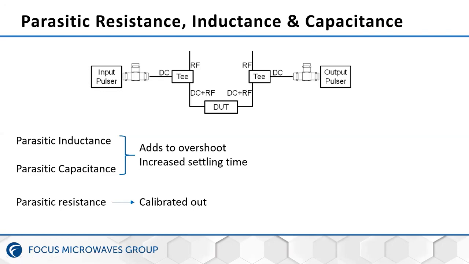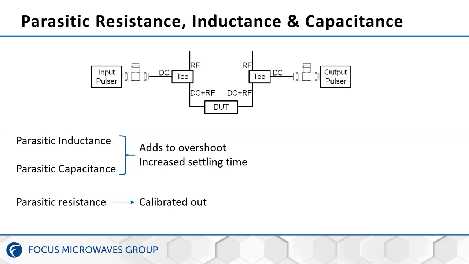Now as we were talking about the pulse quality, in the real measurement scenario, we do add some adapters, connectors, and bias tees between our pulser head and our measurement reference plane, which is the DUT reference plane. All these adapters, cables, and bias tees add some parasitic inductance, parasitic capacitance, and even parasitic resistance.